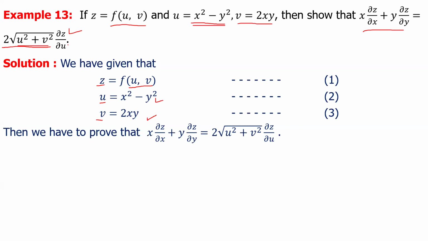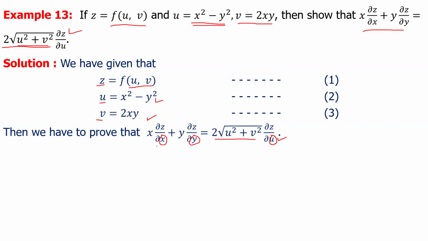Now again, this is the question of change of independent variable. Now here x and y are independent variables, but in the right hand side u and v are independent variables. Since here there are no terms of v, we can consider that u is the independent variable and v is also an independent variable.